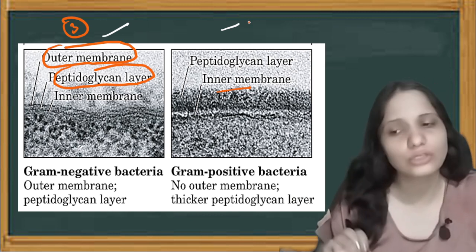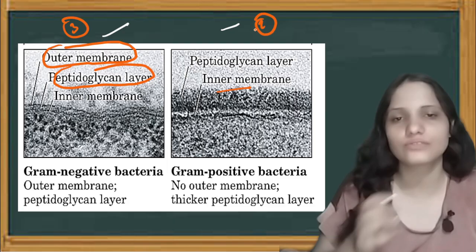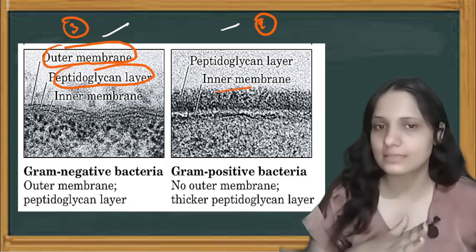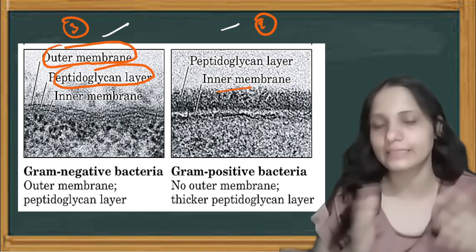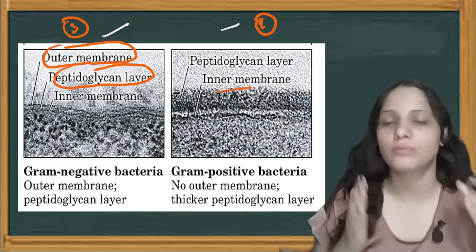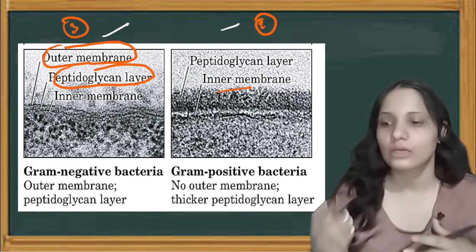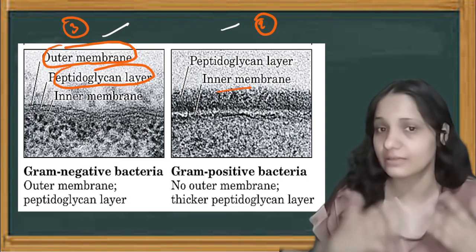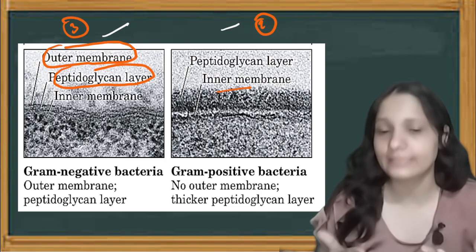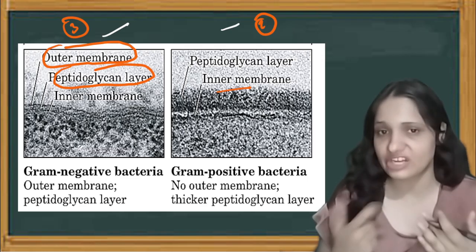So gram positive bacteria have only two coverings, while gram negative bacteria have three coverings. This is the difference between them in terms of the cell envelope. On the basis of this difference in cell envelope between these two types of bacteria, we classify them in the gram staining method.